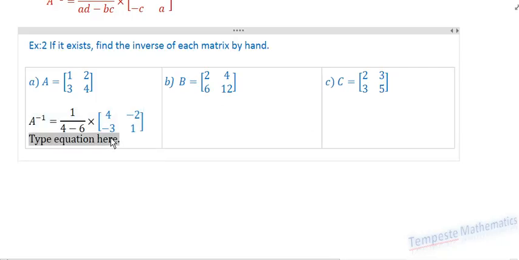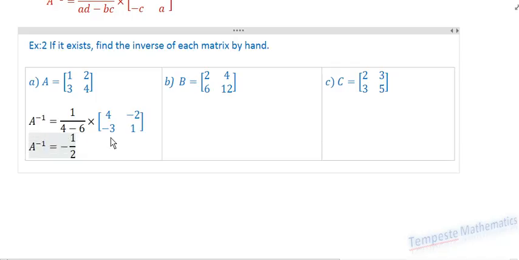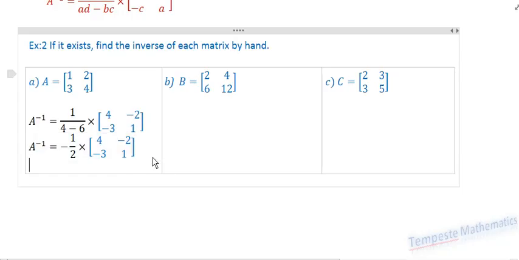Okay. So we simplify that. So 1 over 4 minus 6, that would be a -1/2 times this matrix here. And then you can choose to leave it out front as a coefficient, but I'm going to actually multiply it in.